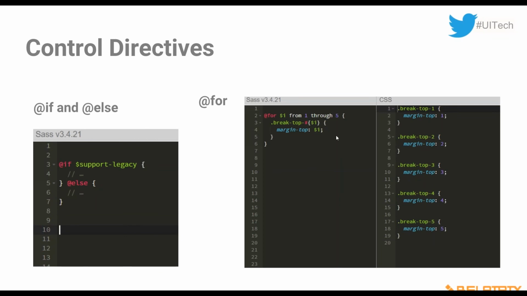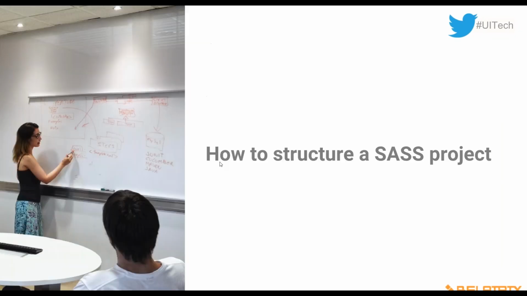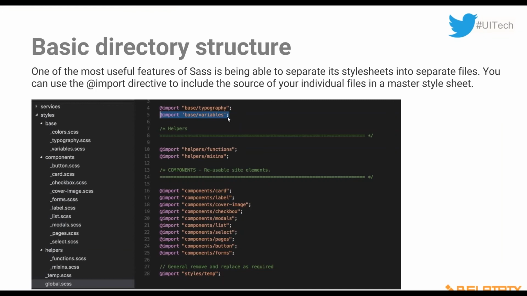And next, we will see a simple basic structure. It depends on your project. In this case, we split it into 3 folders. First of all, we use this base folder to locate colors, variables, and typography. In this case, as I mentioned before, you can use the keyword import to use it.